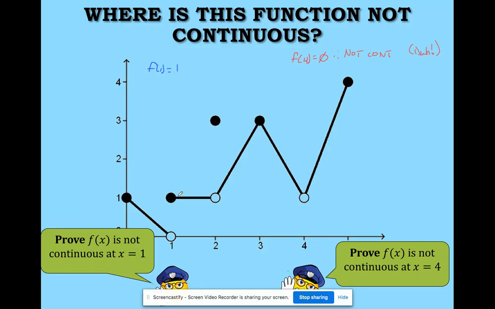But yet I can see, so the function value is defined because I have a closed circle. I can see that I have a jump, right? Saying I have a jump is not a proof of non-continuity. Let me give you a hint. The function values as you approach 1 from the left, and the function values as you approach 1 from the right. What L word am I talking about there? Drum roll, limits, right?